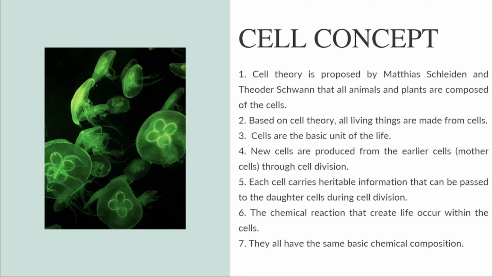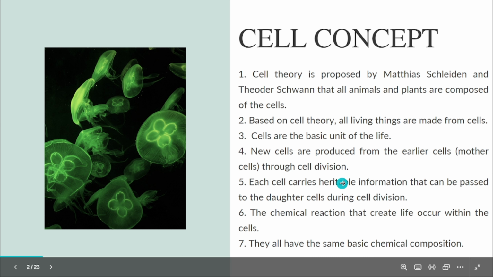Mitosis is the replication or duplication of cells, producing cells identical to the mother cell. Cells carry heritable information, which is passed to the daughter cells during cell division. That is why the daughter cells are totally the same as the mother cell, because cells carry heritable information, which are the genes.